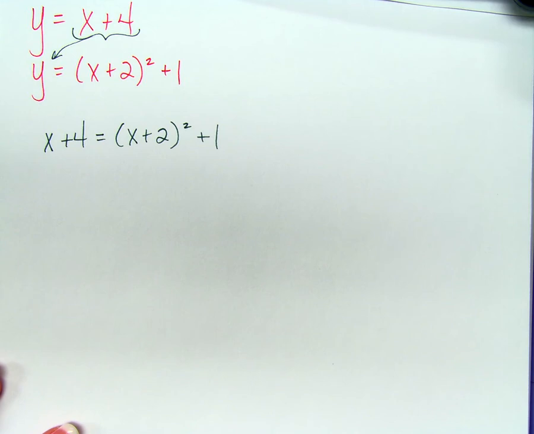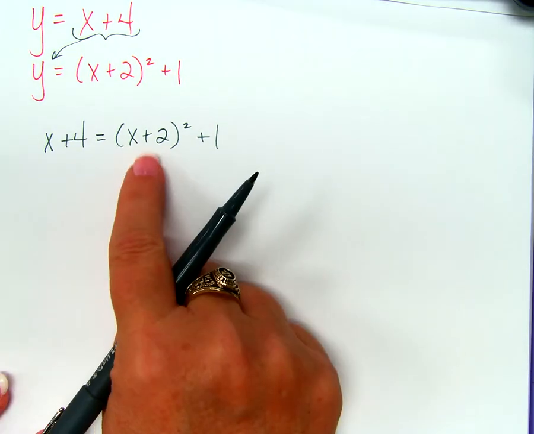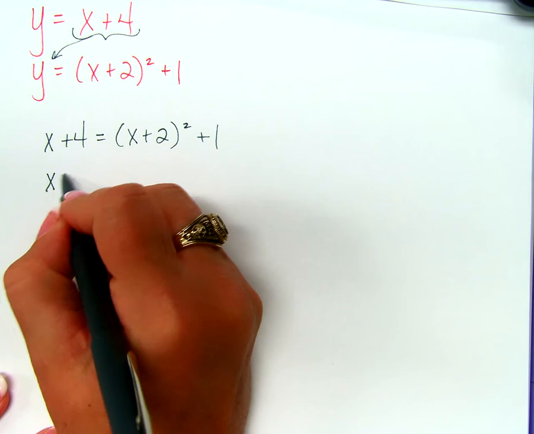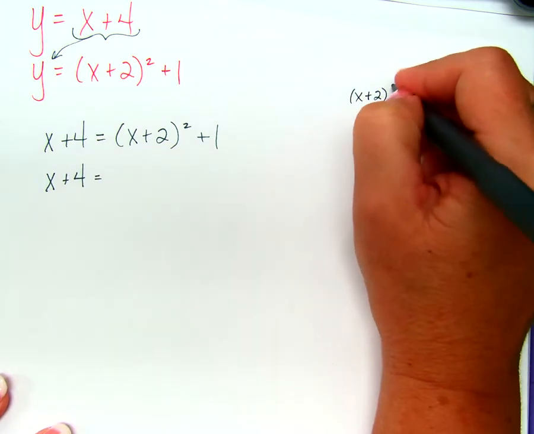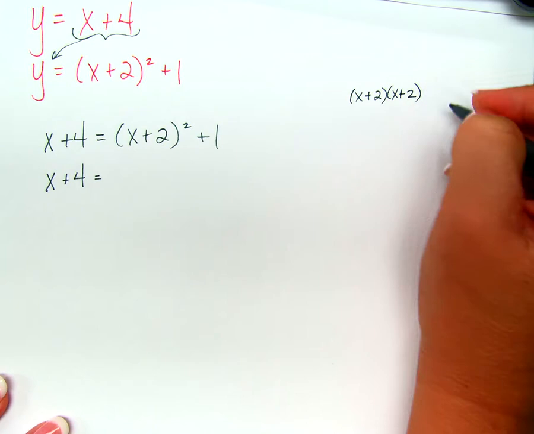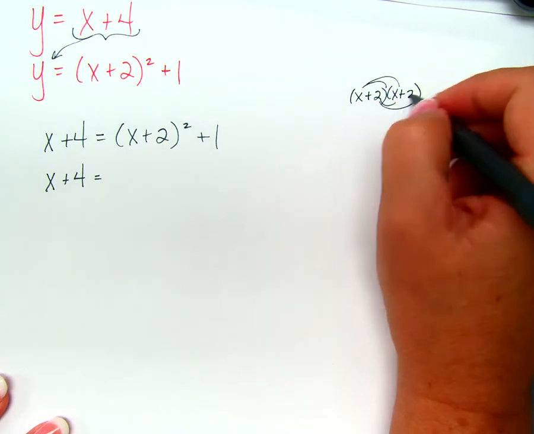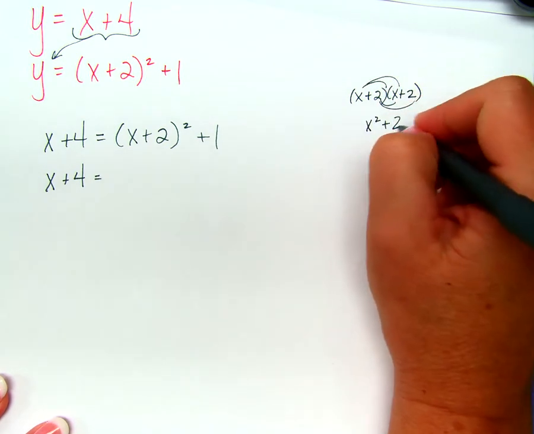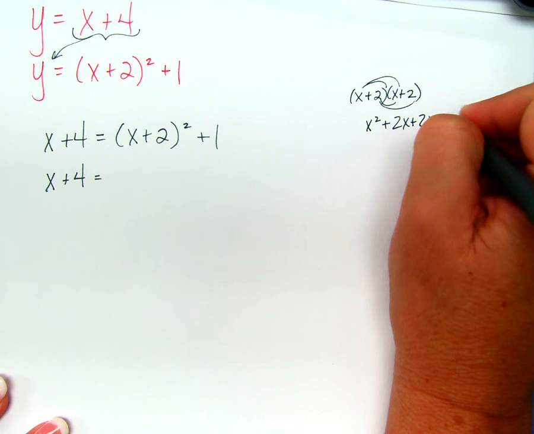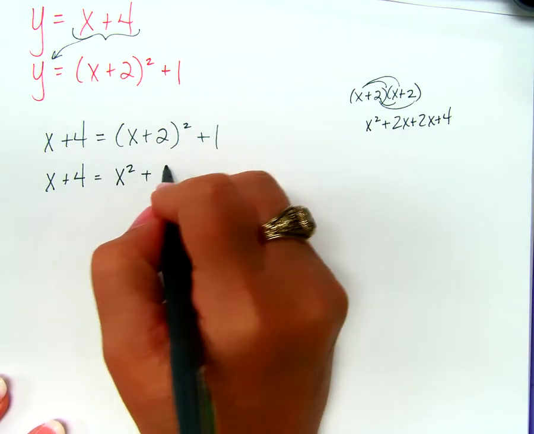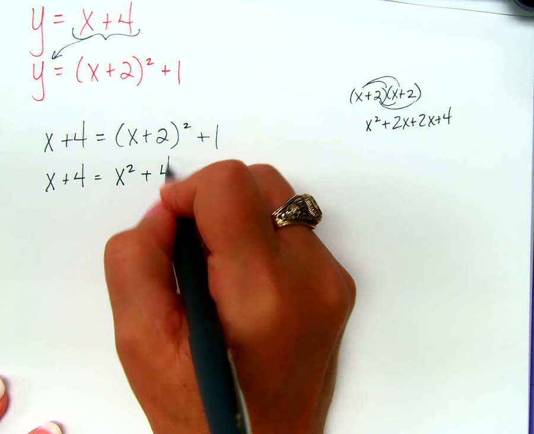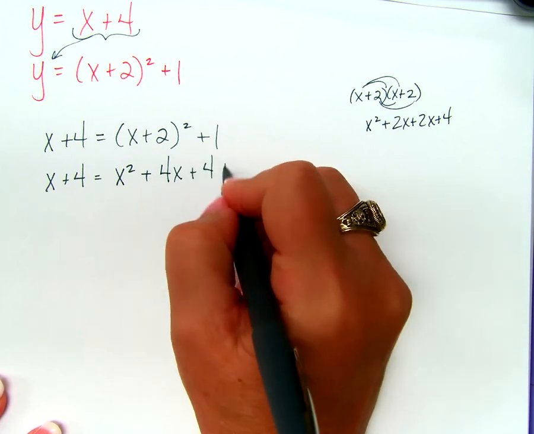I've got to do something first before I subtract x and 4. I need to distribute this, don't I? Okay, so I have x plus 4. I have (x plus 2) times (x plus 2), x squared plus 2x plus 2x plus 4. So that's going to be x squared plus 4x plus 4 plus 1.